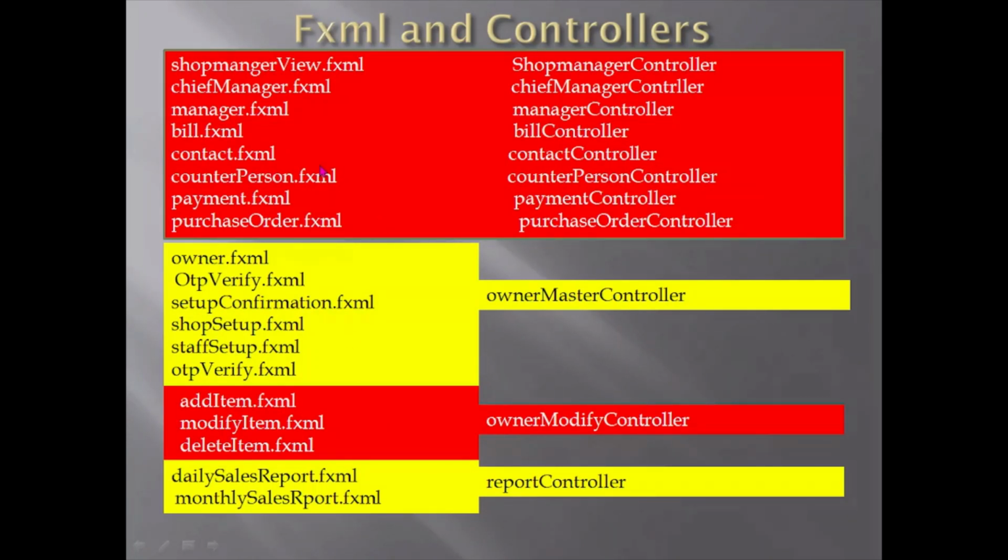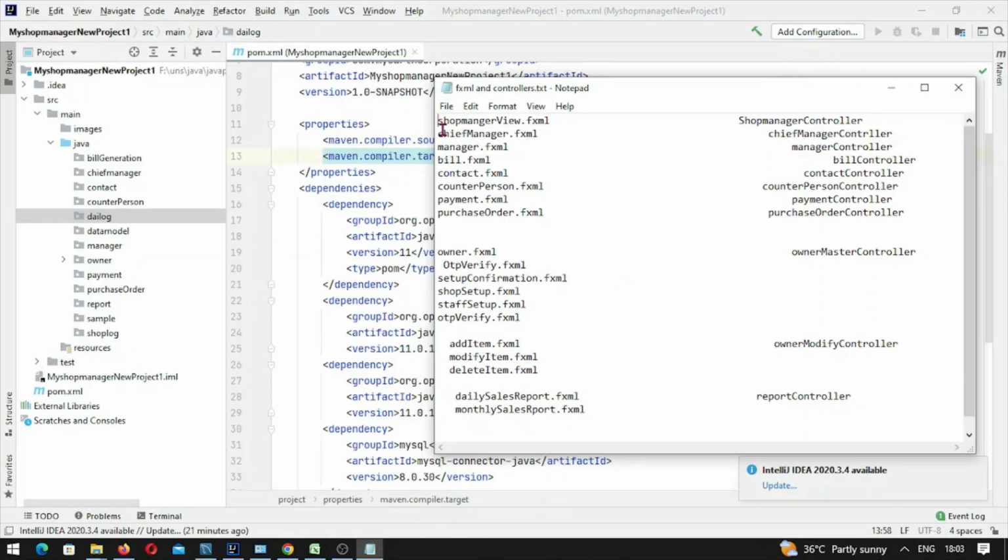So now one by one each package will consist of this fxml and controller combination. So let's go ahead in our project and create this combination. For making our work fast, I have just created a text file for this combination. So this is fxml and its parented controller.